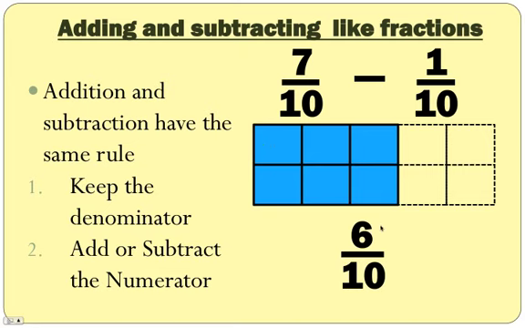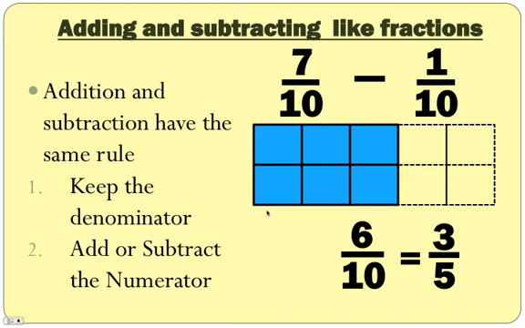Now here's the thing with this problem. Our answer is 6/10, but we can reduce that fraction to 3/5. If we divide each of these by 2, 6 divided by 2 is 3, 10 divided by 2 is 5, that gives me 3/5. And what that means is I'm not going to change the number of pieces here.